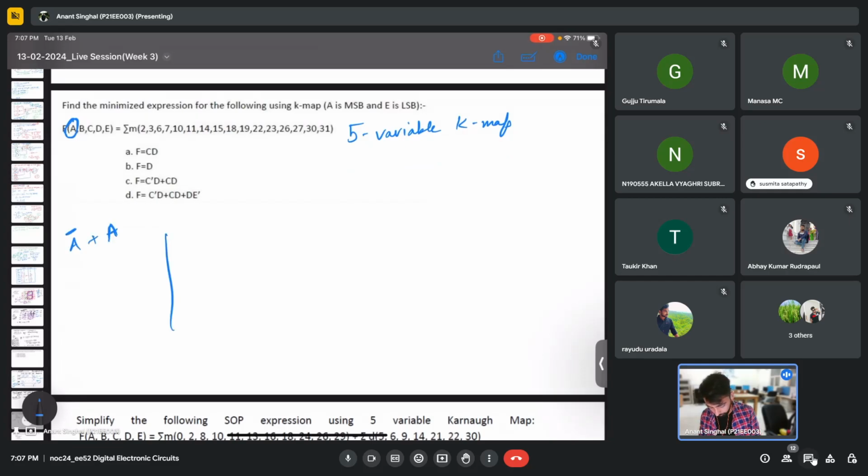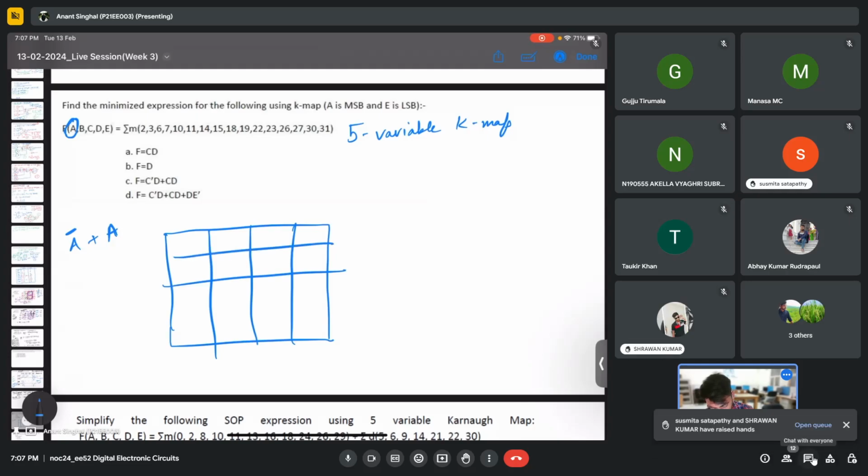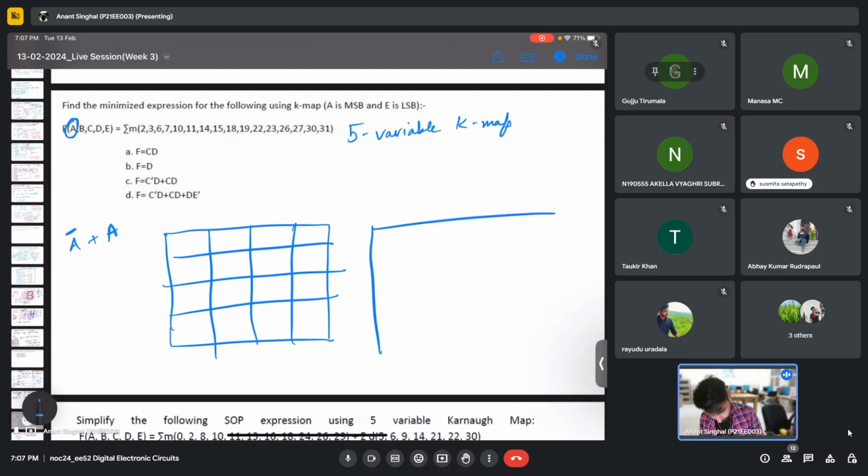So we generally make two four variable K-maps to realize one five variable K-map. Is there any doubt? Someone has raised a hand. Any doubt? Not, so I'll continue.